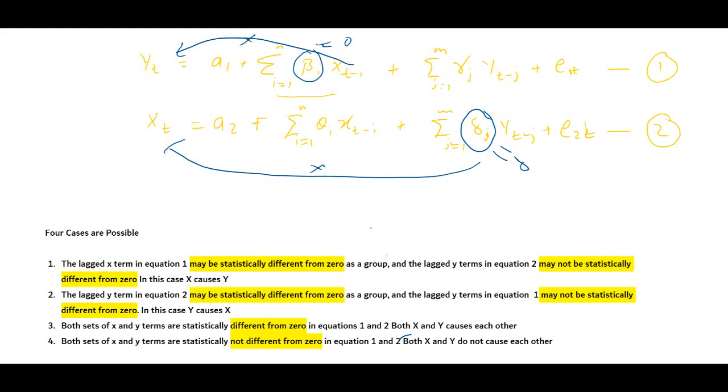In this scenario, there is no causation. Neither x causes y nor y causes x. There is no relationship established in such type of situation. So these are the four possible cases that we can get in the vector autoregression causality test, in the Granger causality test.